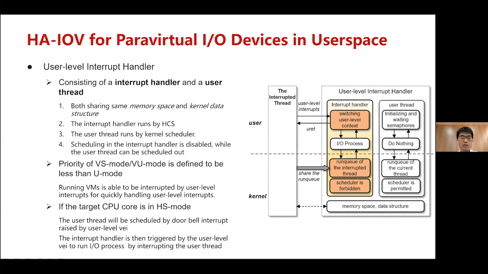For another, if the target CPU core is in HS mode, for example, the idle task is running, a doorbell interrupt is raised to schedule user threads. Then the interrupt handler is triggered by the user-level VI to run the I/O process by interrupting the user thread.